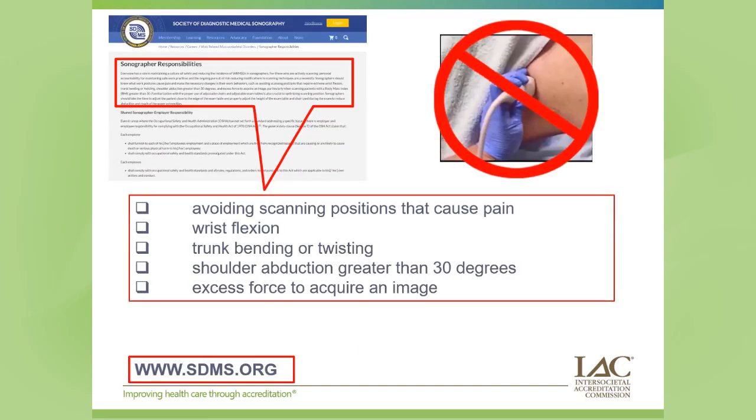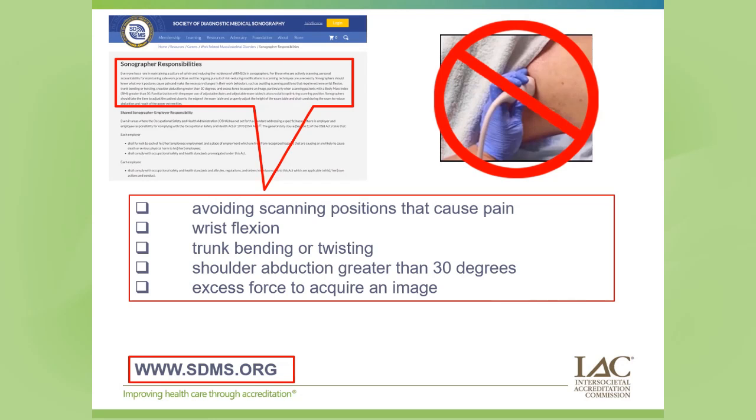So talking through, this is again from the SDMS site here, our responsibilities as sonographers are avoiding scanning positions that cause pain. And again, thinking through that as you're scanning, taking the time to adjust your system, your bed, the patient, so that you are not uncomfortable. And those little movements can really make all the difference.